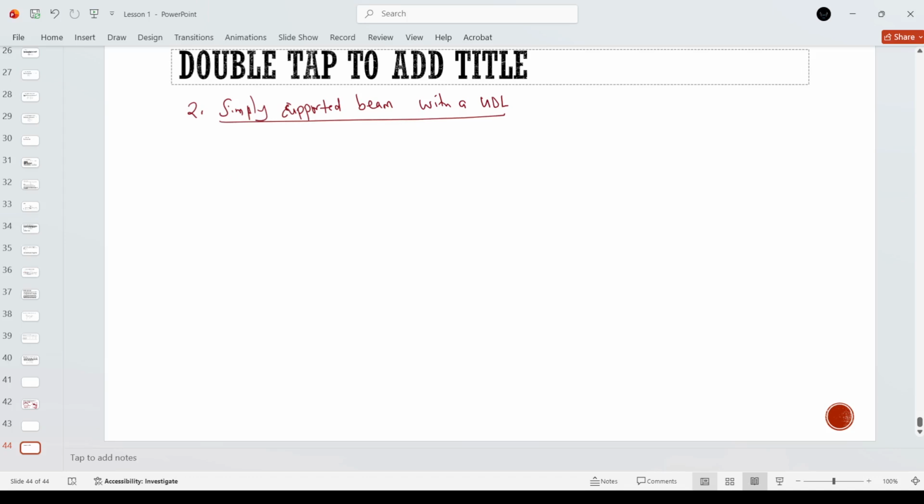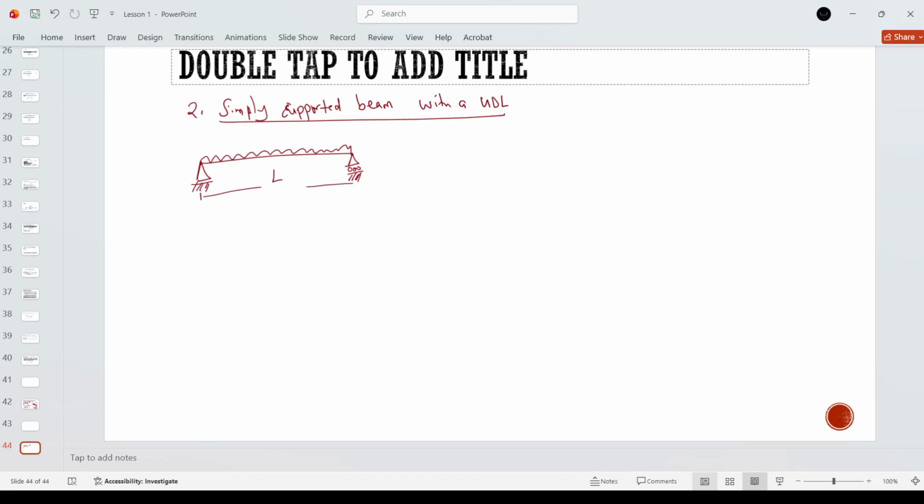How would that look like? This is a simply supported beam with a UDL. A UDL will be given as load per meter run.